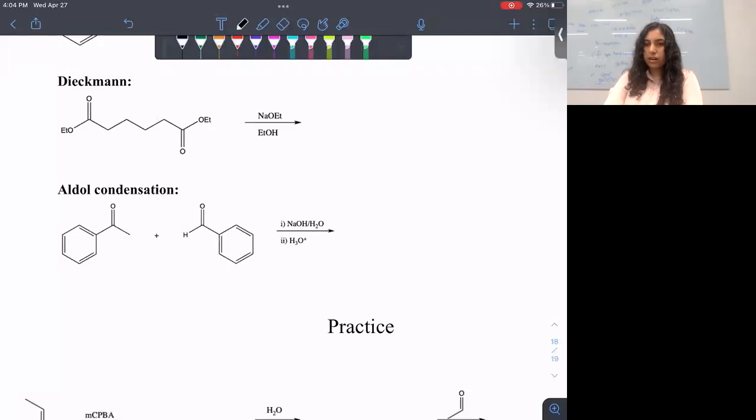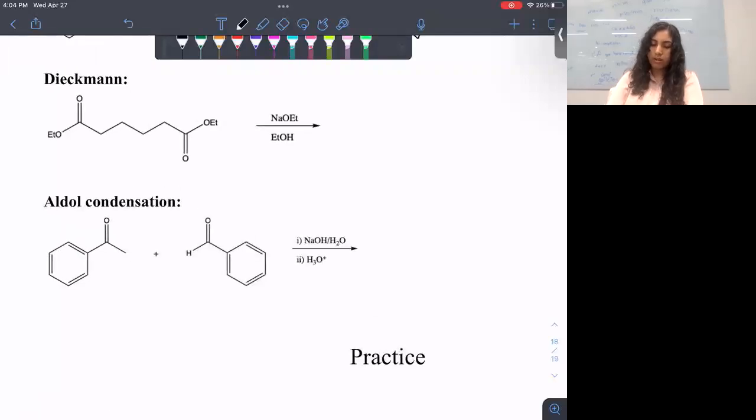So what you do here, you pick a carbonyl and then deprotonate it. In this case, it's the same molecule, so I can deprotonate any ester and it's going to be the same product. I deprotonate the alpha carbon, and then I go ahead and attack the other ester in the same molecule. When I attack, the same thing happens, the OEt leaves.